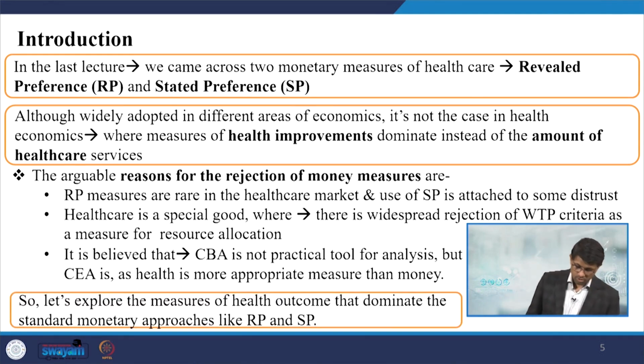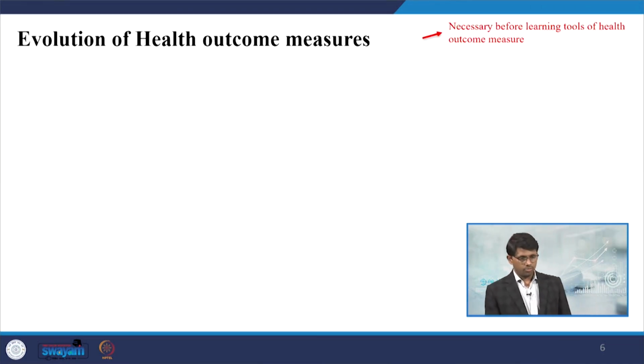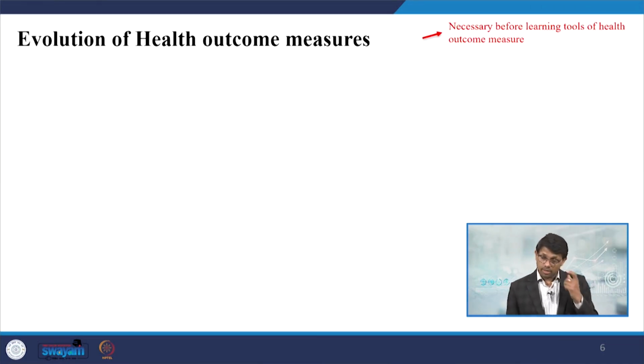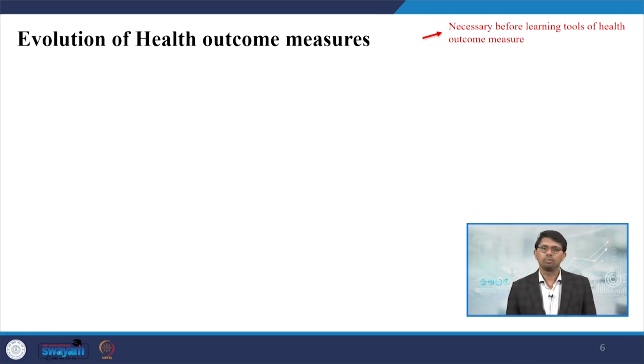So, let us explore the measures of health outcome that dominate the standard monetary approaches like revealed preference and stated preference approaches. As I already mentioned, as part of our learning goal, we will discuss their evolution, and this is necessary before learning the tools of health outcome measures.